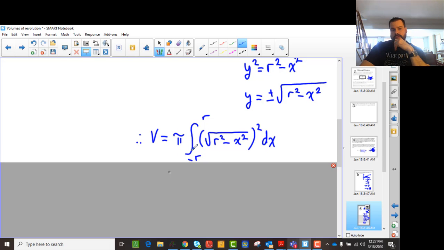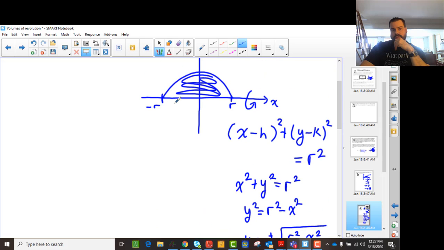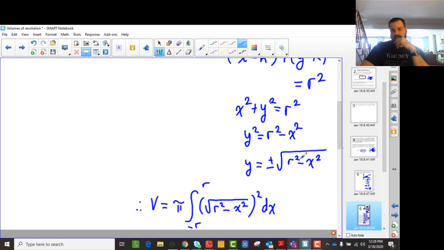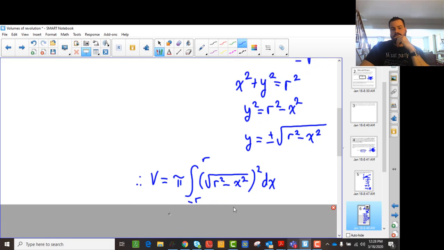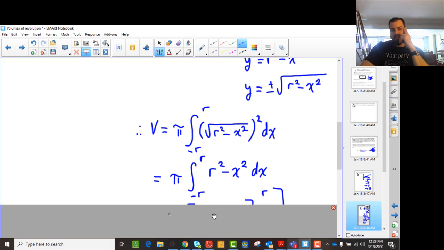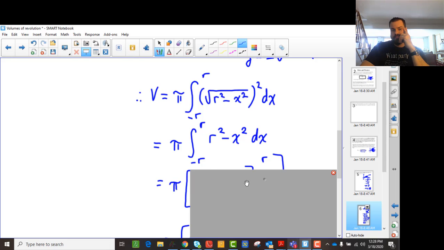The volume is going to be from minus r to r, because that's where I'm starting and ending. And then of f of x, our f of x is the positive one of these squared. So I square it, and it gives me this, r squared minus x squared. Then I integrate. The integral of r squared is going to be r squared x. The integral of x squared is x cubed over 3.